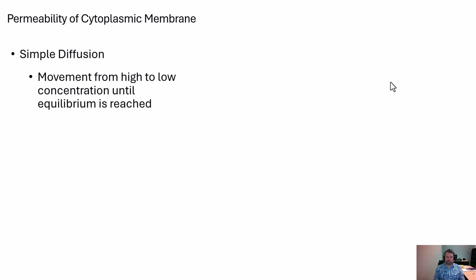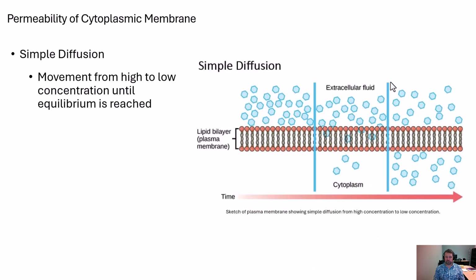Okay, simple diffusion is just moving from high concentration to low until equilibrium is reached. But when we say until equilibrium is reached, just realize that this high concentration is going to move to the low concentration. So let's say this is outside the cell and it's moving into the cytoplasm.